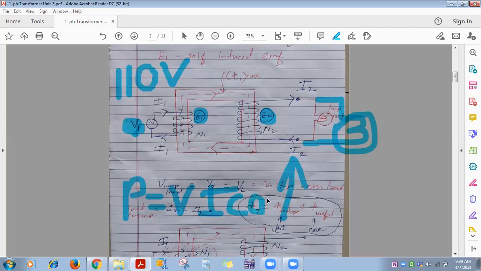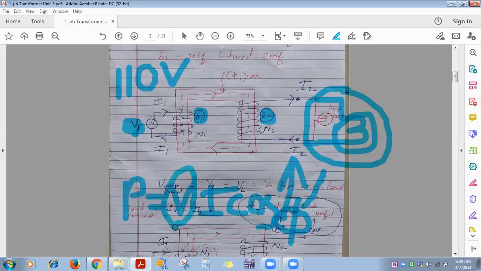Cos phi is not in our hand. It depends on the load power factor, whatever the load is. Voltages are all constant. So what does the transformer do? Which parameter is left? Current, isn't it? Got it?